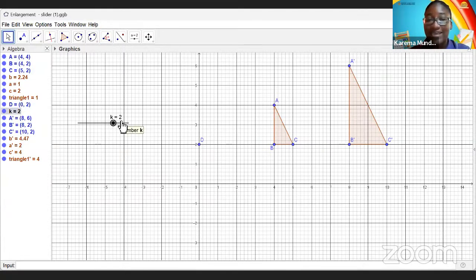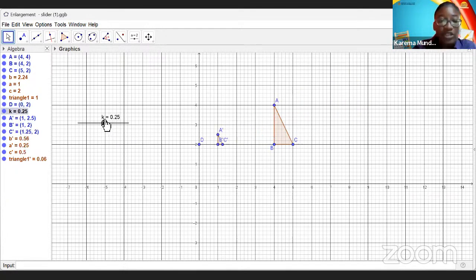So when we looked at the image, the lengths on the image were always twice that of the object. But when we went down to 0.5, we noticed that the lengths were no longer being multiplied by 2. They were now being multiplied by 0.5 or half, right? Are you seeing what I'm saying?